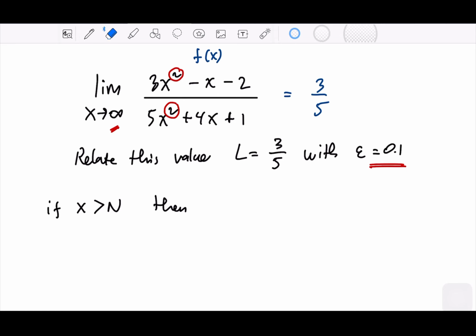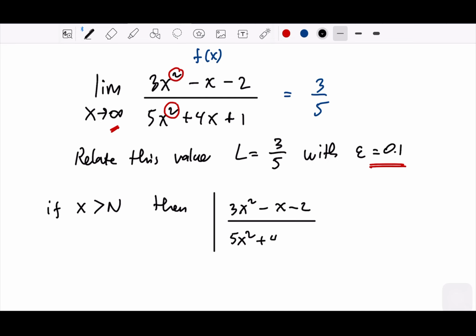Let the distance between the function, let me write the function, and then 3 over 5, which we can write as 0.6, be less than the epsilon, which we assume as 0.1.